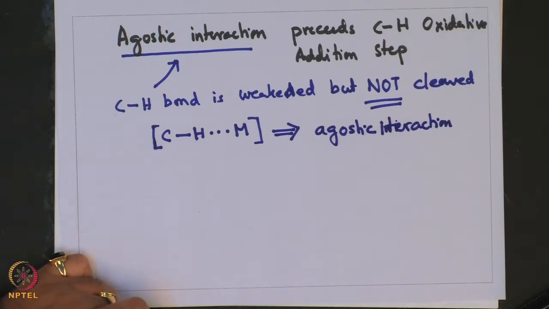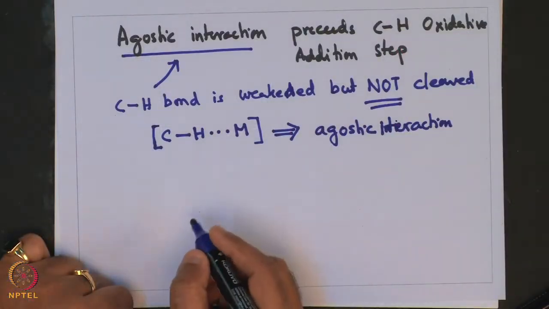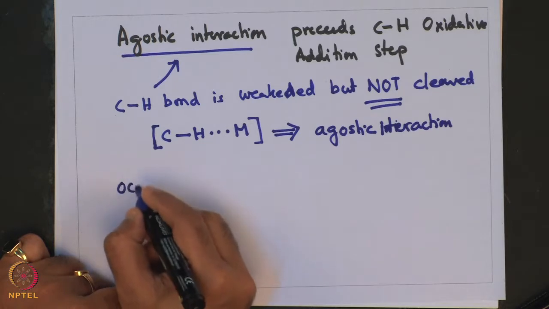Usually agostic interaction occurs in electronically as well as coordinatively unsaturated complexes.